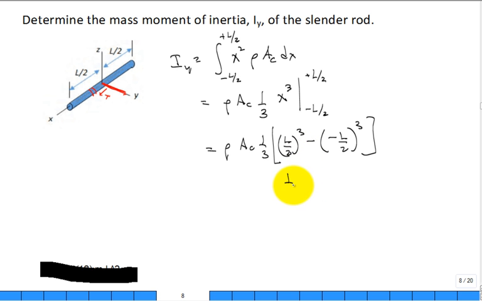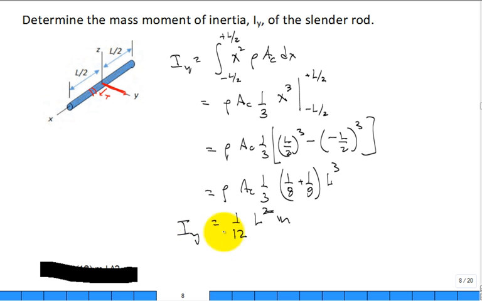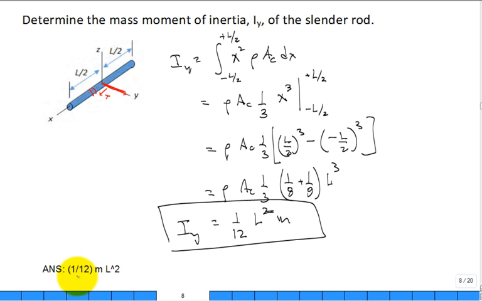So you have 1/8 plus 1/8 L cubed 1/3. And so what do we pick up? That's 2/8, that's 1/4, so it's 1/12. Then you're going to pick up L squared M. I sub y is 1/12. If you remember, that's very similar to what we did with the rectangle, isn't it? Yeah, with that area moments.